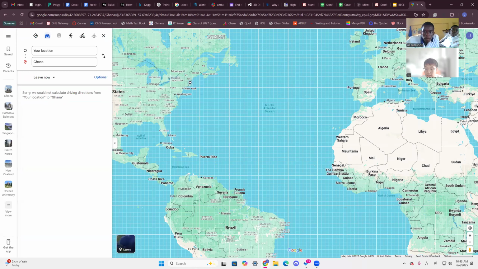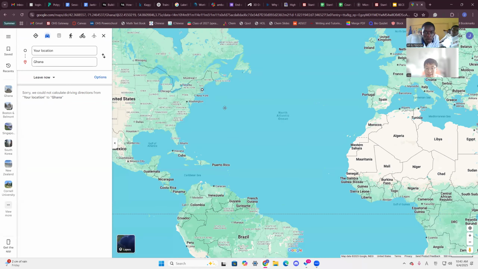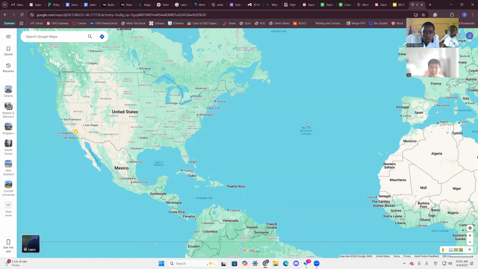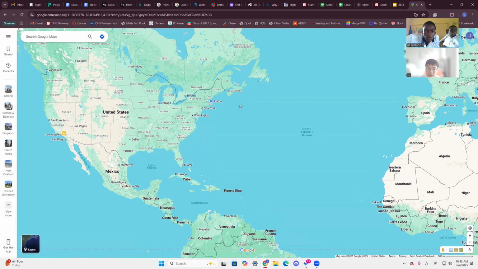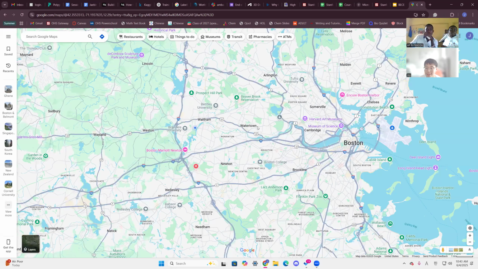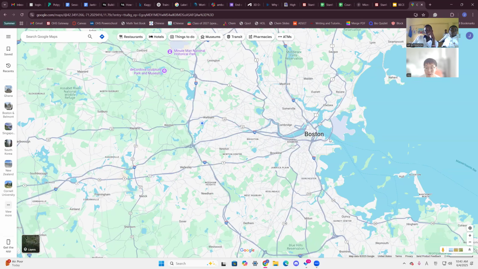So if you want to fly, you can fly a plane to Massachusetts over here. This area is just Boston. So if you come here, you can maybe apply for colleges in Boston.